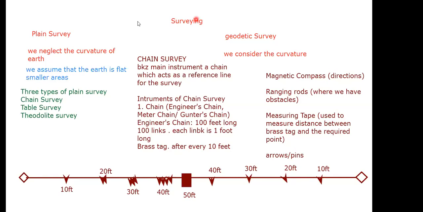So these are the instruments. Now let's talk about how the survey will be performed. And before that, I think let's explain the ranging rod. Ranging rod is something like this. The length of a ranging rod is around 8 feet, sometimes 8 feet, sometimes 7 feet, and it has markings.